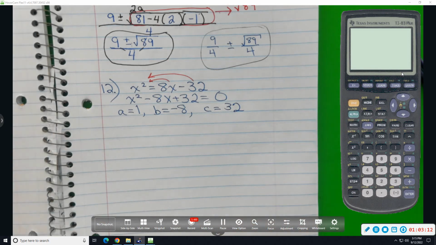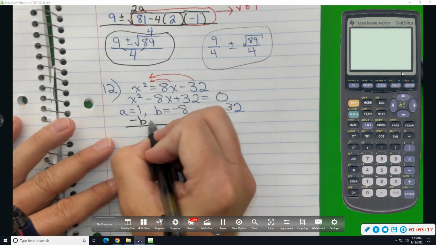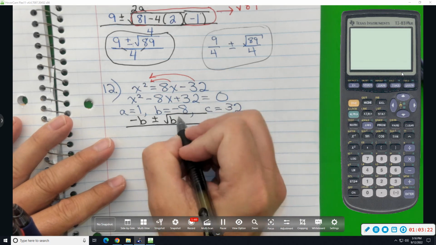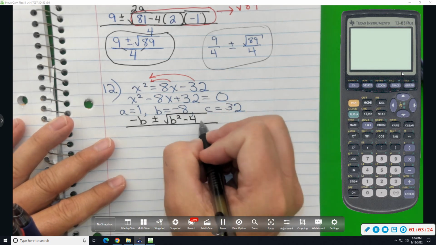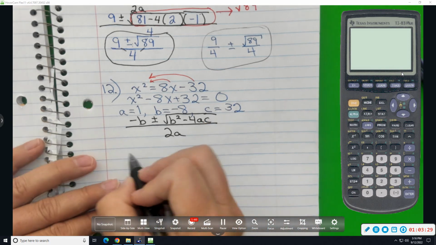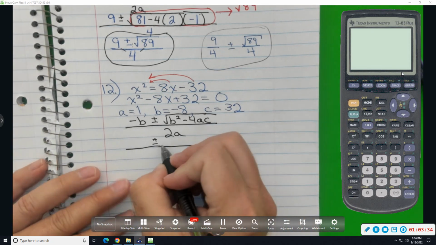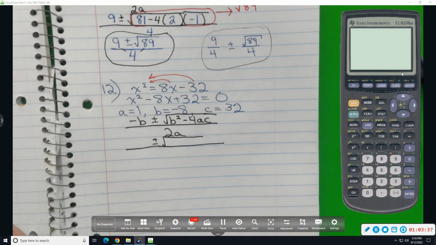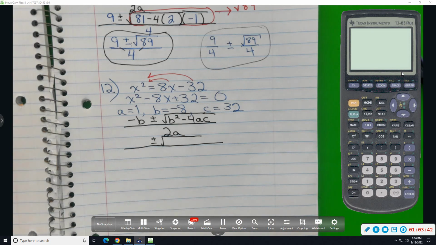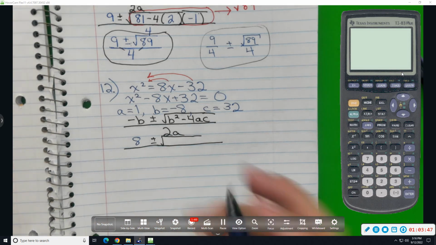And we're going to write down that formula. Sort of a wavy fraction bar, isn't it? Okay. Negative b, the opposite of negative 8 is positive 8. Okay.